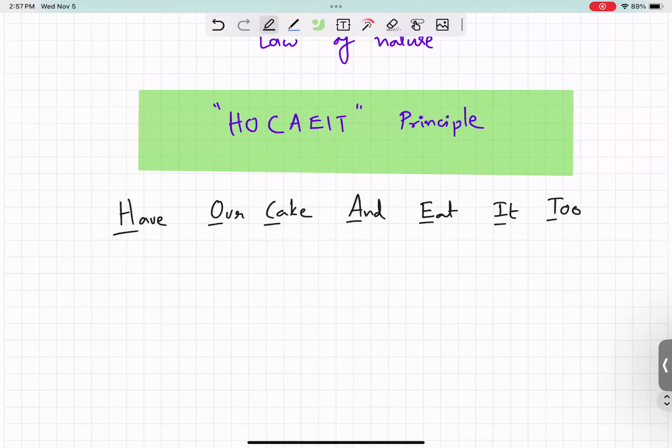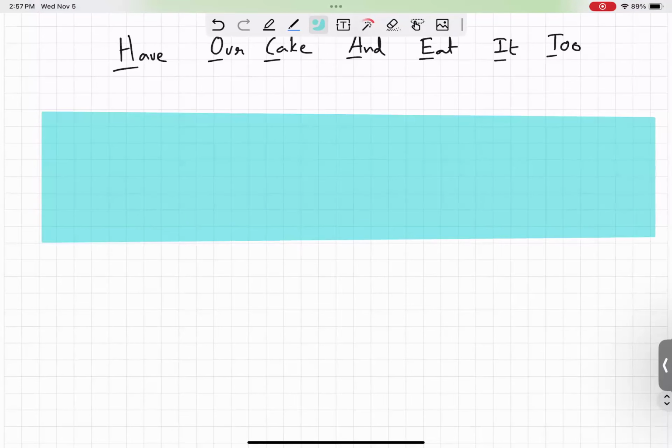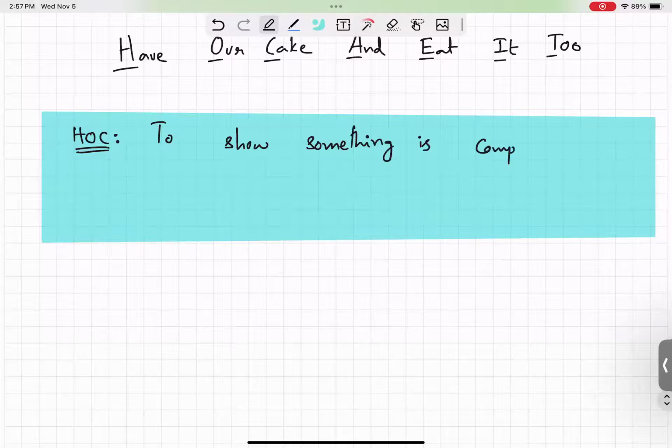So what does this mean? The have-our-cake part is to show something is computable. Suppose I tell you, is there a Turing machine which can multiply numbers?